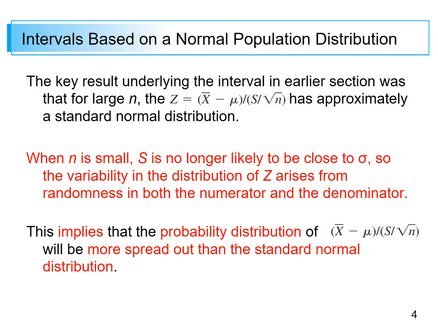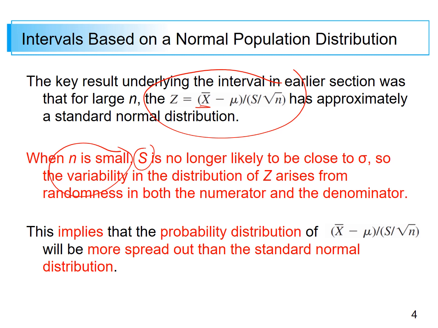If you remember from the last section, we standardize the sample mean so that Z has approximately a standard normal distribution and represents the standardized sample mean. Now, when n is small, the sample standard deviation will likely not be close to the population standard deviation.